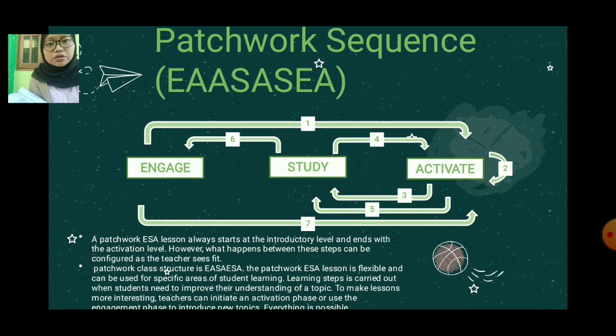To make lesson more interesting, teachers can initiate an activation phase or use the engagement phase to introduce new topic. Everything is possible. Jadi kayak gitu. Nah, di buku ini dibilangin ini juga bisa untuk kelas intermediate ke advance, jadi cocoknya untuk itu.